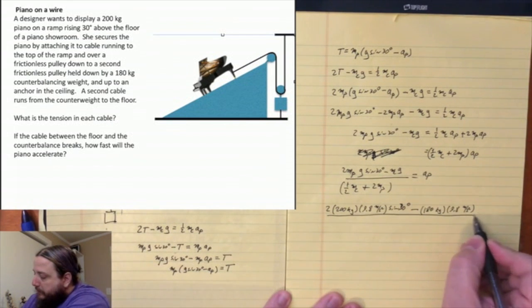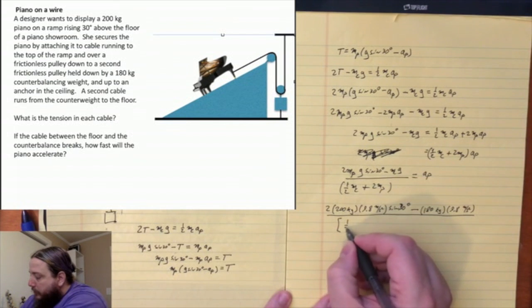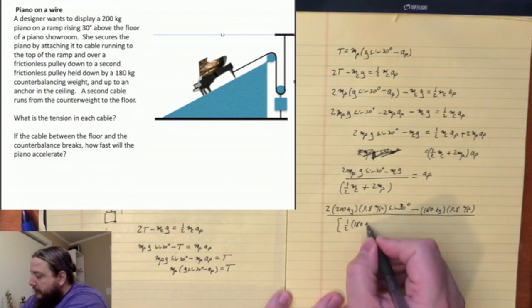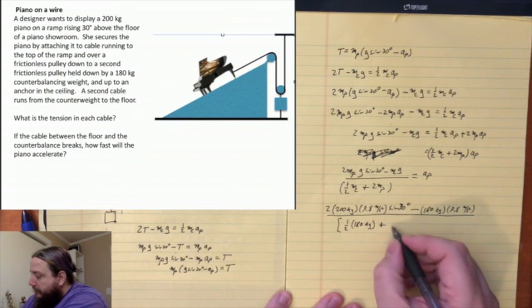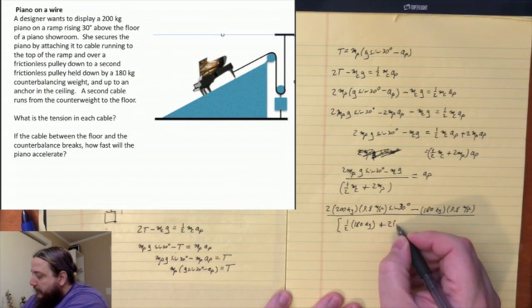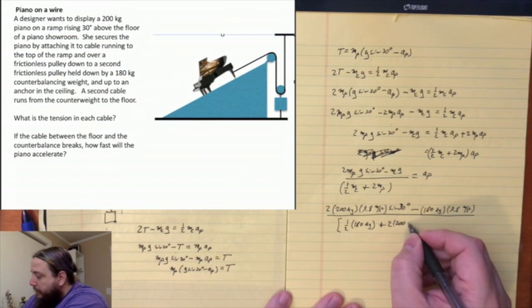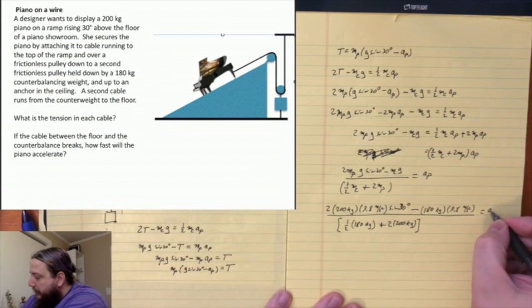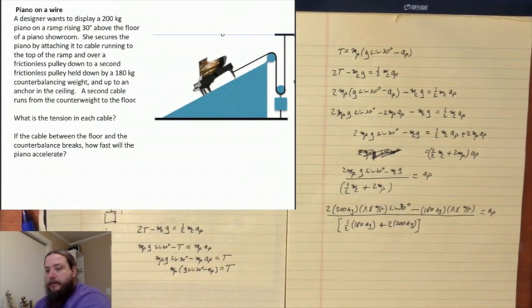On the bottom we have 1/2 times 180 kilograms plus 2 times 200 kilograms, and that's the acceleration of our piano.